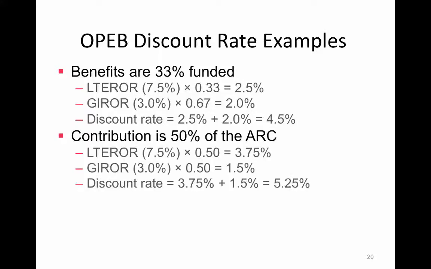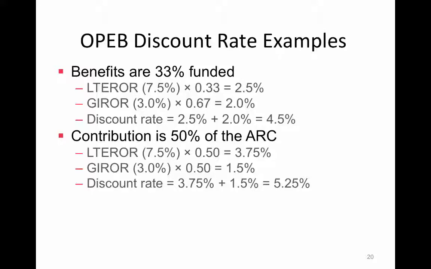So what you more often see is a weighted average based upon a comparison of their contribution amount for the year with the annual required contribution, and I will say more about what that is, the ARC, in a little bit. But if their contribution is 50% of the ARC, then they'd multiply each of the two rates by 50%, add them together, and you have a weighted average, in this case, of 5.25%.